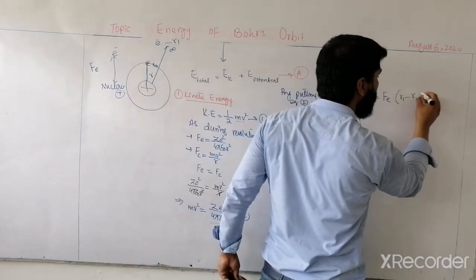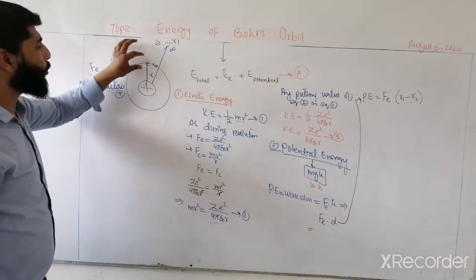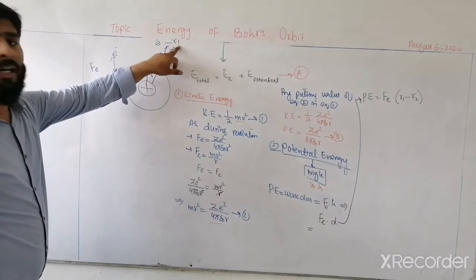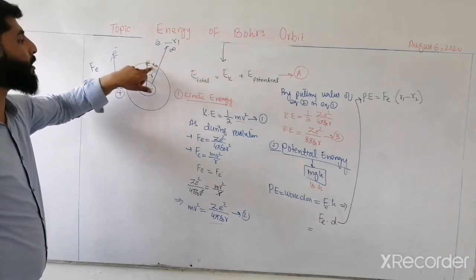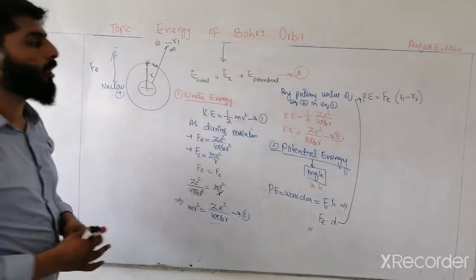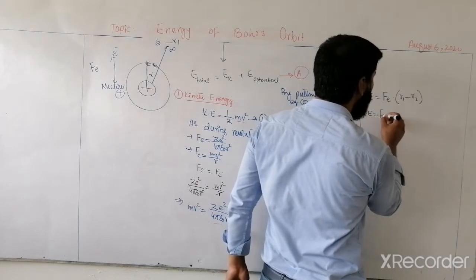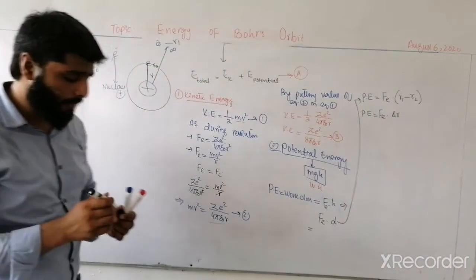How can you find the distance of electron? You can find it by subtracting R2 from R1. So R1 minus R2 will be equal to delta R. So potential energy will be equal to Fe dot delta R.